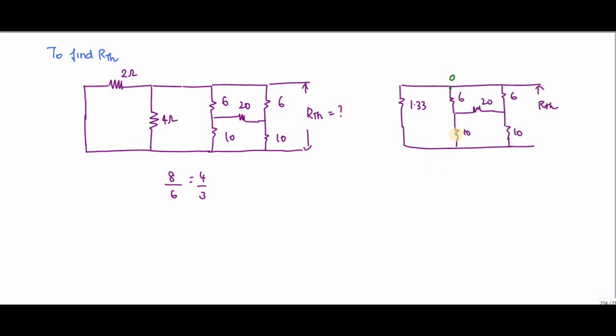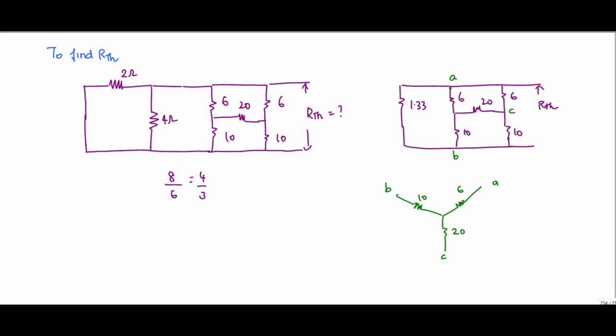So this is A and this is B, and here you have C. This is 10, this is 6, and this is 20.